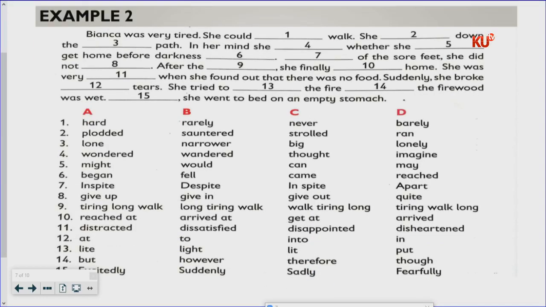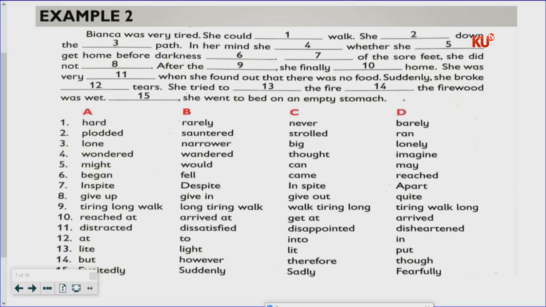I have the next example here for you. Bianca was very tired. She could dash walk. She dashed down the dash path. In her mind, she dashed whether she dashed to get home before darkness. Not dash after the dash, she finally dashed home.